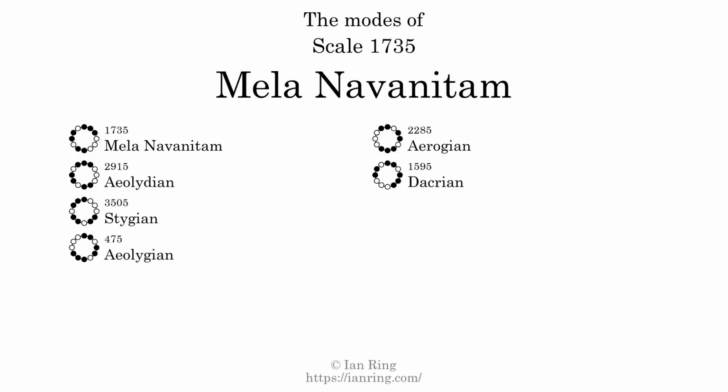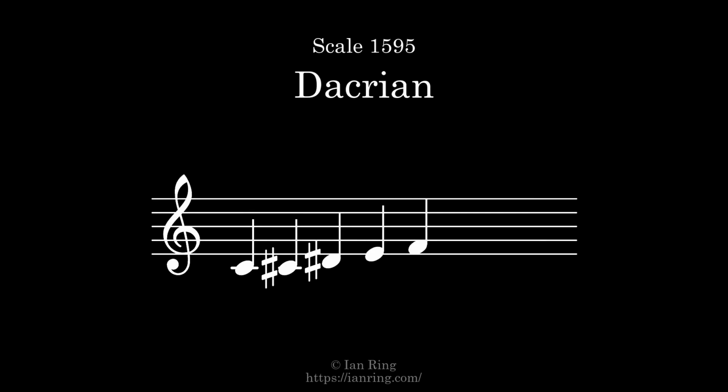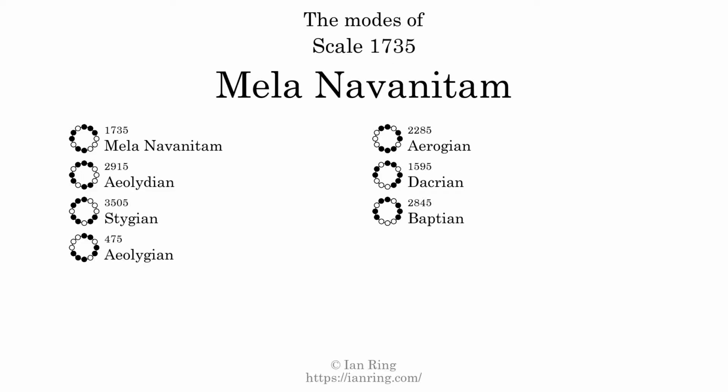The sixth mode is scale 1595, also known as Dacrian. It sounds like this. The seventh and last mode is scale 2845, also known as Baptian. It sounds like this.